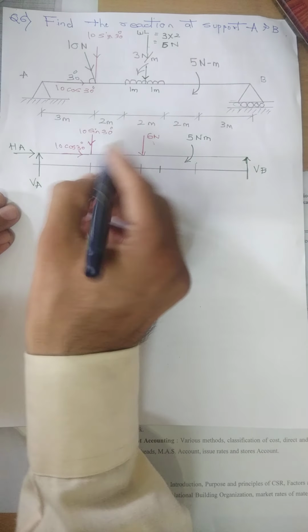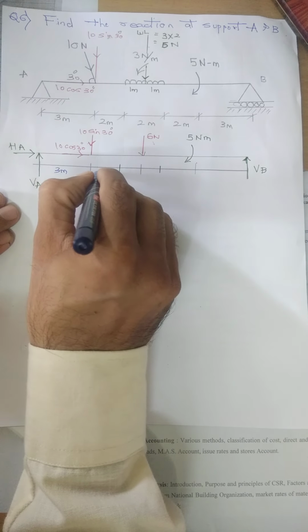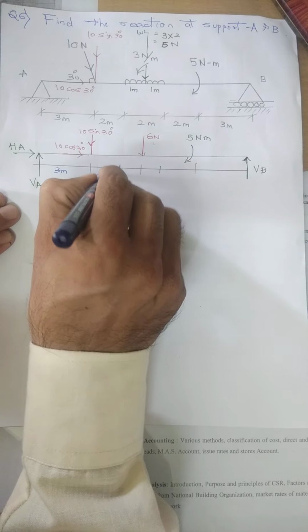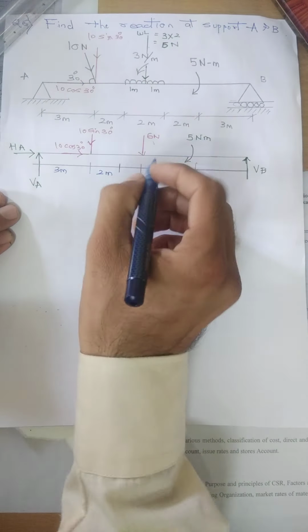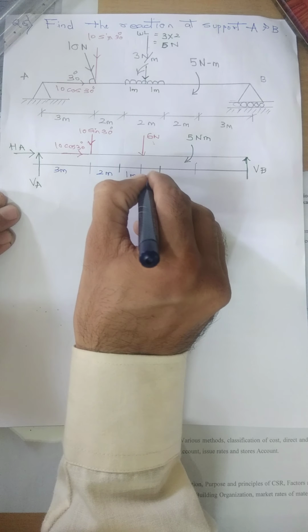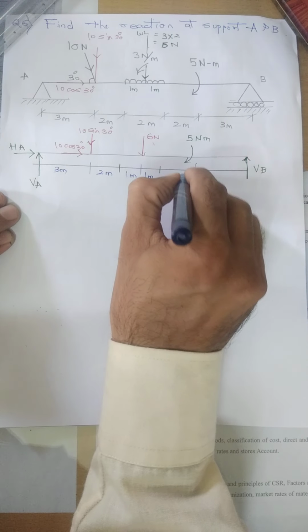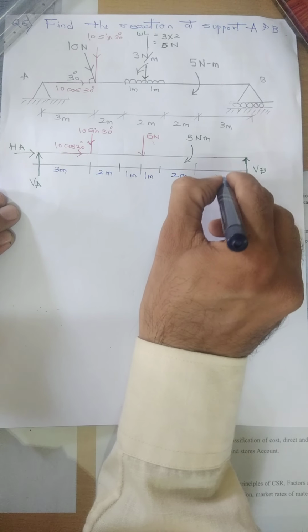The distances here are 3 meters, 2 meters, this 2 meters has been converted to 1 meter, 1 meter, this as it is 2 meters, and 3 meters.